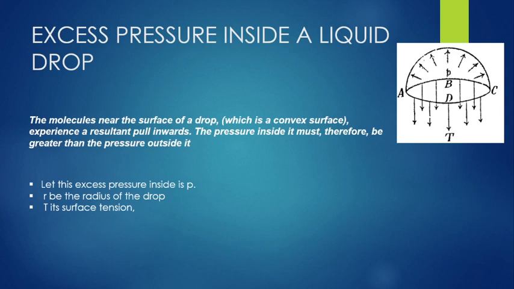Yes, in a convex surface the pressure is increased. The pressure inside is greater than the pressure outside. This excess pressure inside the liquid drop can be represented by small p, T is the surface tension and r is the radius of the drop.